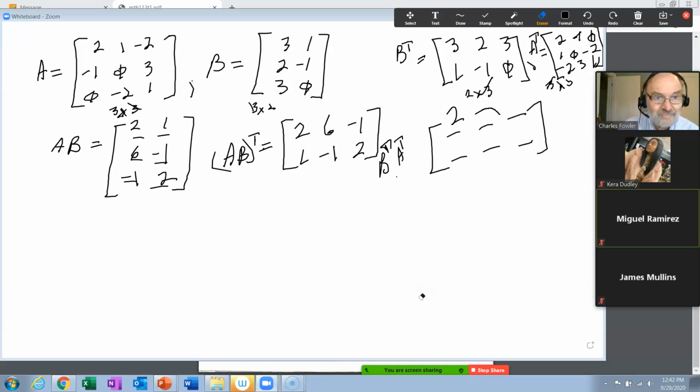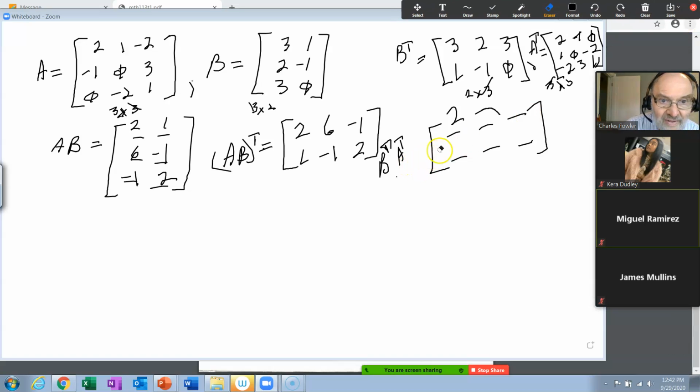Okay, that was bizarre. Let me move this out of the way. Part of the problem here is that the taskbar has gotten in the way. Now we got our eraser here. There.